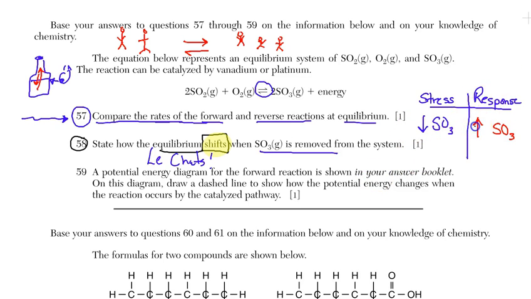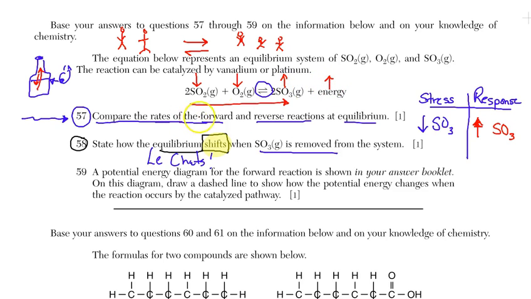So what shift would cause my SO3 to increase so the reaction can regain its balance? Well, if you think with me, I'm going to shift to make more SO3. So the reaction is going to shift to the right. SO2 gets used up, O2 gets used up, and we're going to build up SO3, and more energy is going to be released as well.